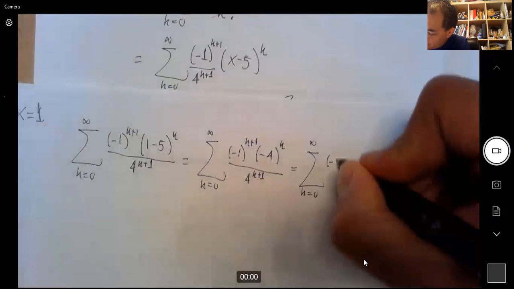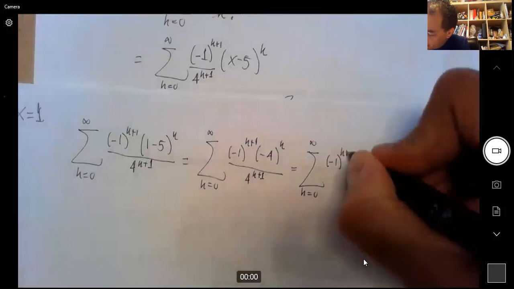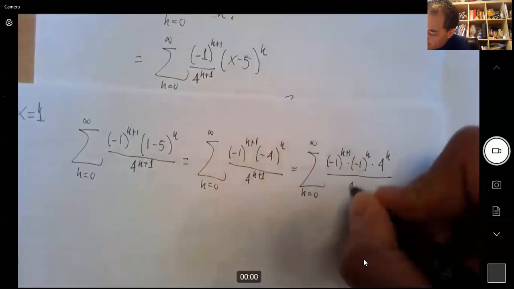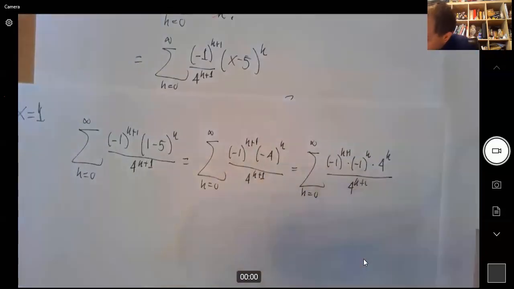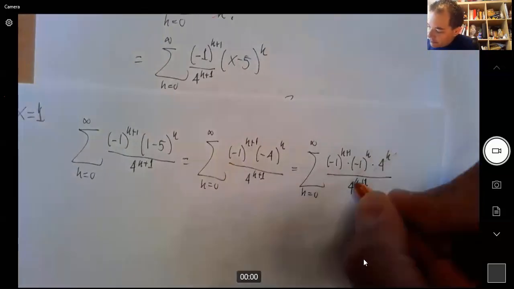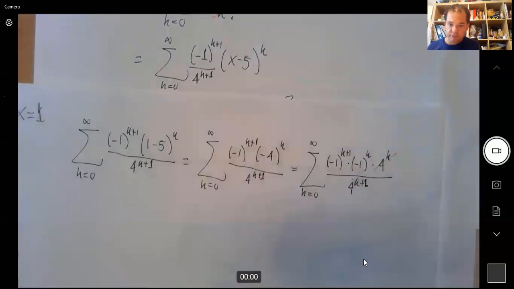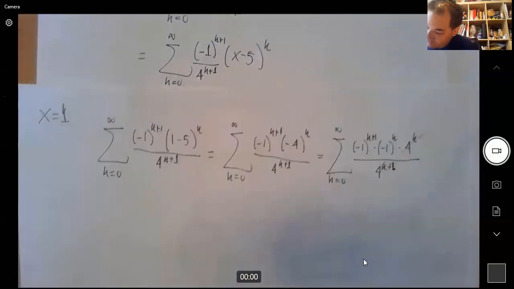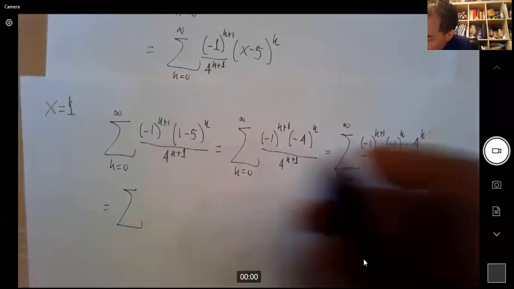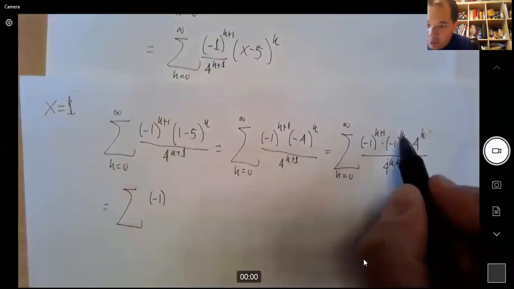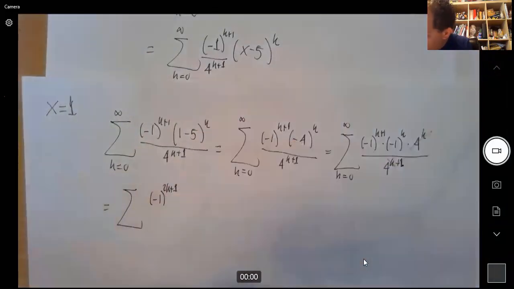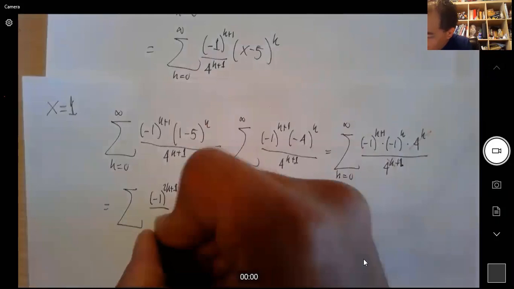It's negative 1 to the k plus 1 times negative 1 to the k times 4 to the k divided by 4 to the k plus 1. Now this cancels with the k. And these negative ones, I can combine them, right? k and k plus 1 becomes 2k plus 1. Everything divided by 4.